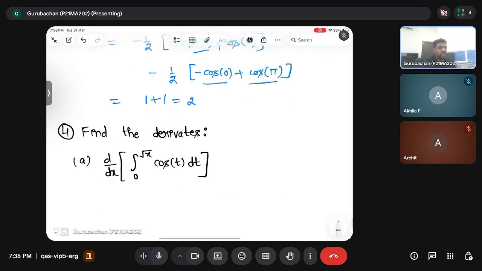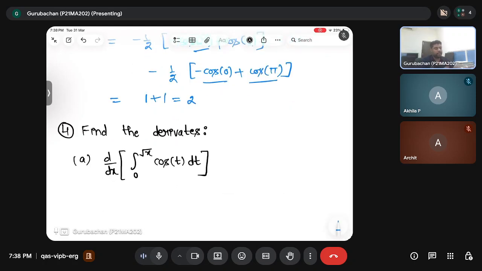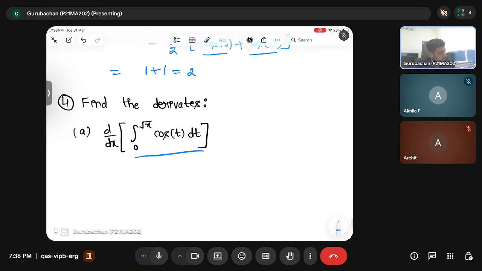What are the possibilities? One way is you can first calculate this definite integration, then you differentiate it. Another way is to recall the fundamental theorem of calculus. What does the fundamental theorem of calculus say? Tell me.